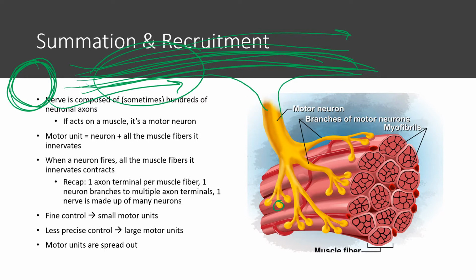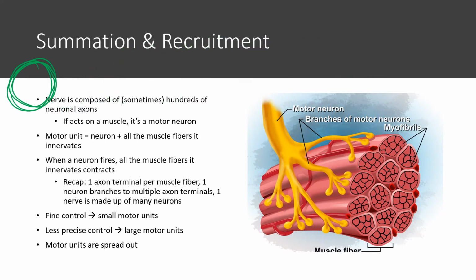Therefore, when a nerve fires, as we say, as an action potential is generated and transmitted through a nerve, and all the motor neurons within that nerve are affected, all the muscle fibers that motor neuron touches are also going to be stimulated. A motor unit is the combination of a neuron plus all the muscle fibers that it innervates.